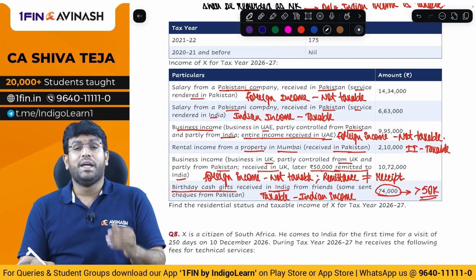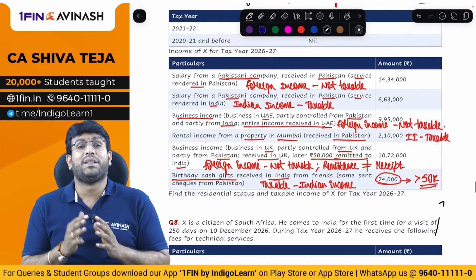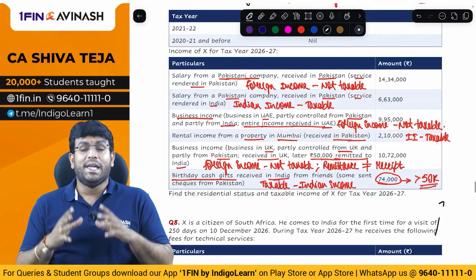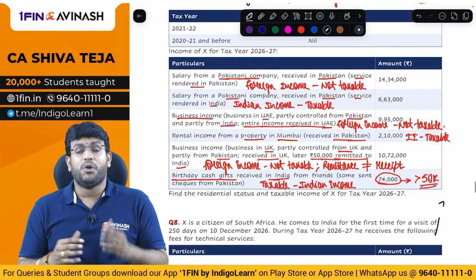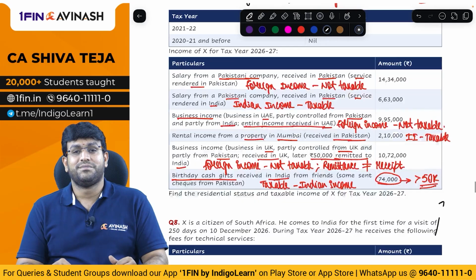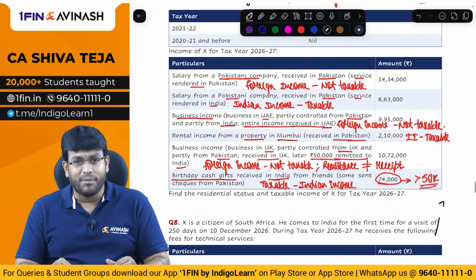In our example, in our question, it is 74,000. It is 74,000 doesn't mean that 24,000 is taxable. If it is 74,000 gift, entire 74,000 is taxable, not excess. Not excess, entire amount is taxable. Very interesting point. Clear, everybody?